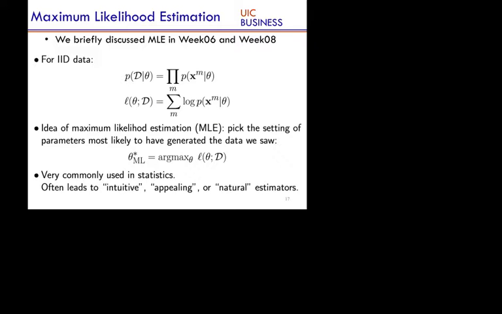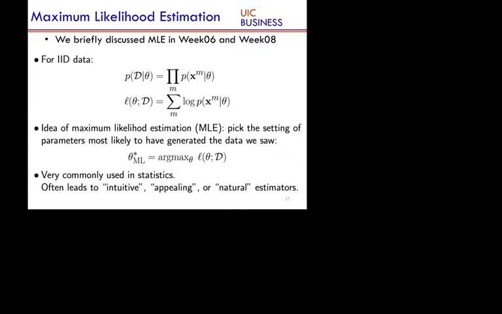Now, if you write the log likelihood in this way, the idea of maximum likelihood is to pick the setting of the parameter. In the Bernoulli case, when you're flipping a coin, there's only one parameter, which is the bias of the coin. You just have to pick the parameter value that most likely generated the data that we saw.